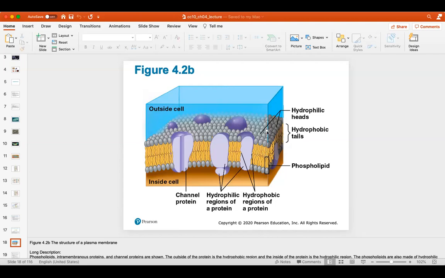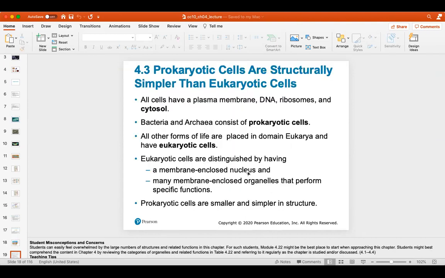So we have the water-loving heads touching the exterior and interior of the cell, and the hydrophobic tails, which are water-fearing, will touch each other. And then we have different proteins embedded throughout the plasma membrane. We can have a channel protein, hydrophilic region of a protein, and hydrophobic region of a protein. So this is the plasma membrane structure. It's a lipid bilayer because there are 2 layers of lipids present.